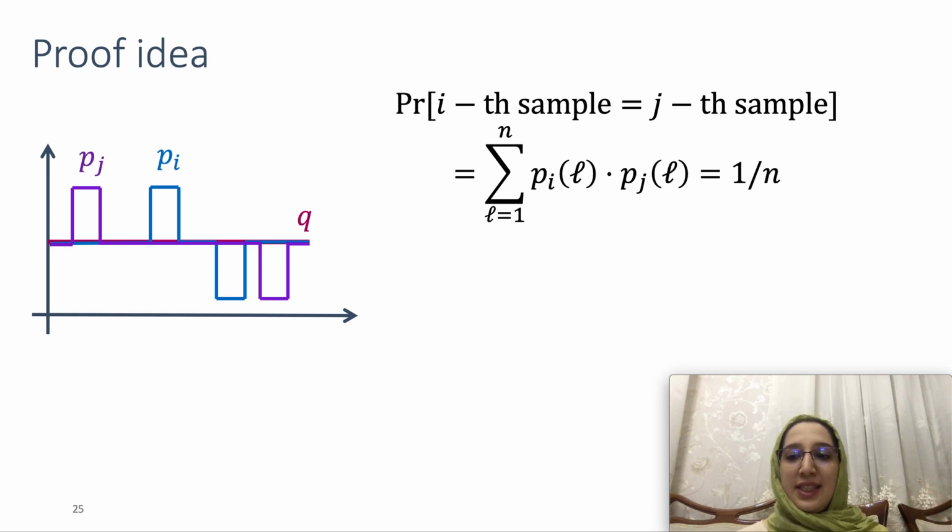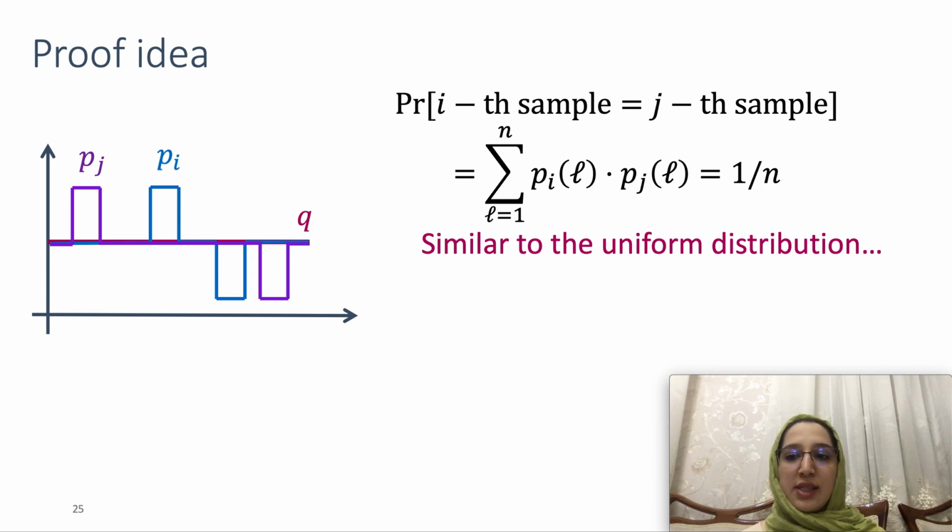This quantity is exactly what we would expect to see if the underlying distributions were uniform. This is bad for us because this case should be very far from uniform, so we want to be able to see a different behavior from these two distributions, and having the same probability for collision essentially doesn't help us.